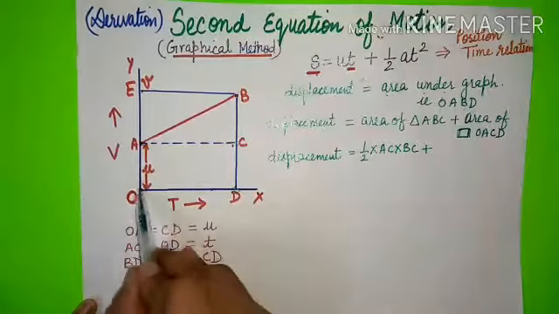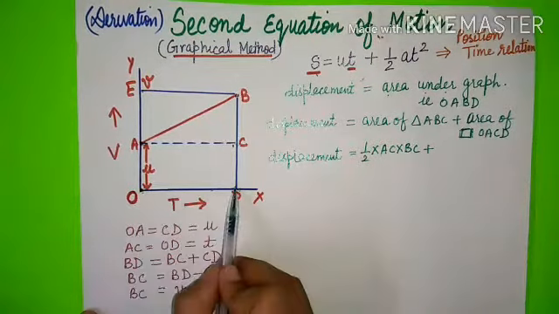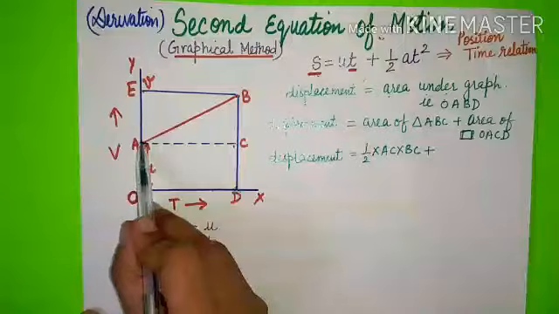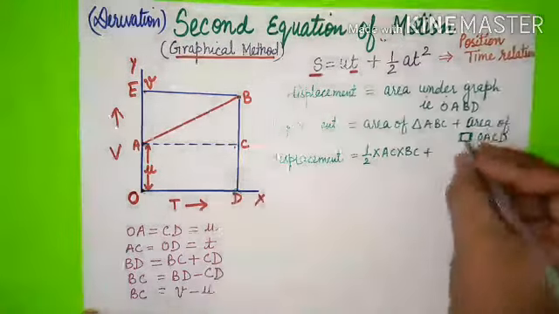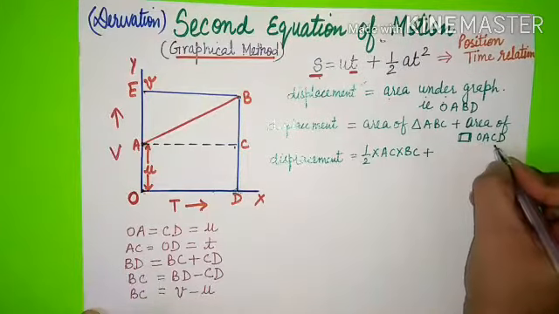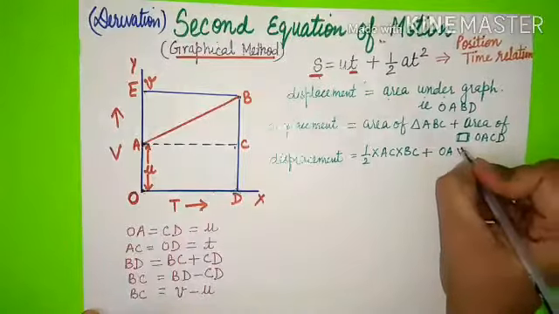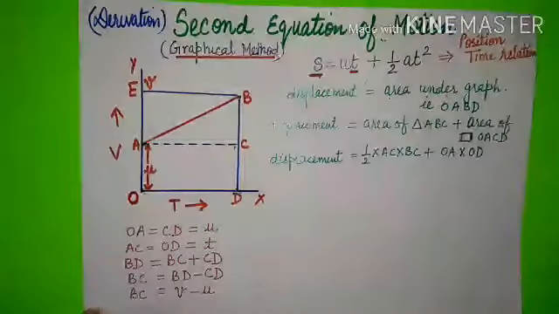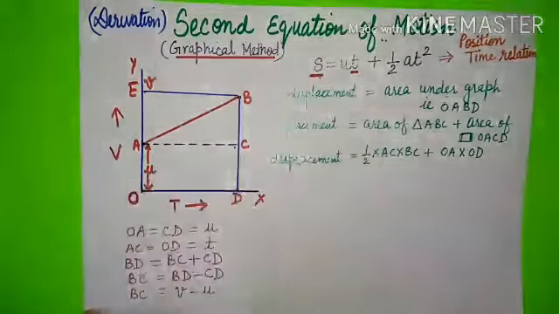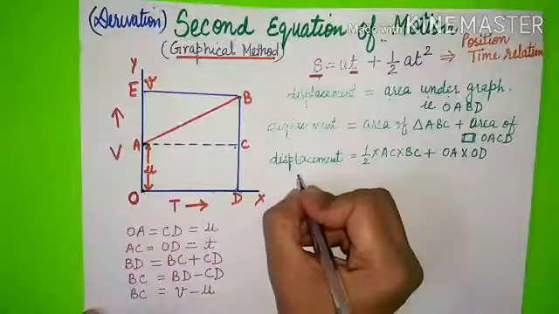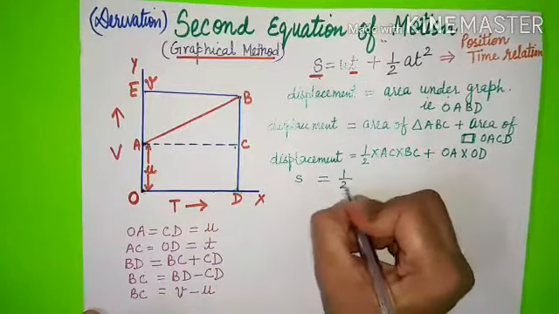In the rectangle OACD, OD is the length and OA is the breadth. So instead of the area of OACD, we write OA into OD. Now you can put the values from this graph. Displacement can be represented by S is equal to half.